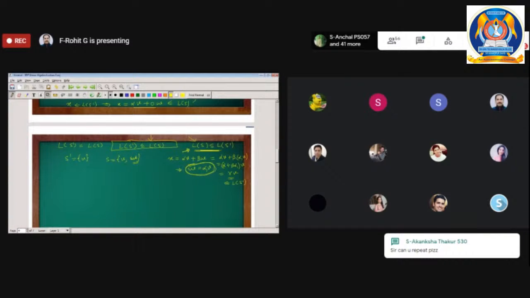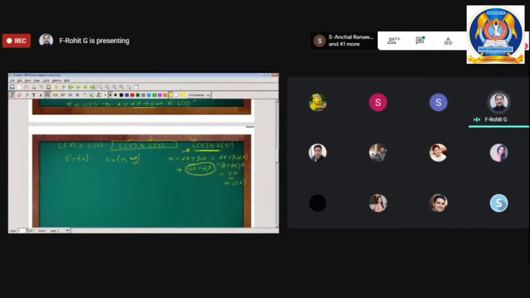So Akansha Thakur is saying, repeat, sir. Anybody else who has a doubt? Otherwise, I will call somebody else to discuss. If anybody has any doubt, just like Akansha, she's saying to repeat this.